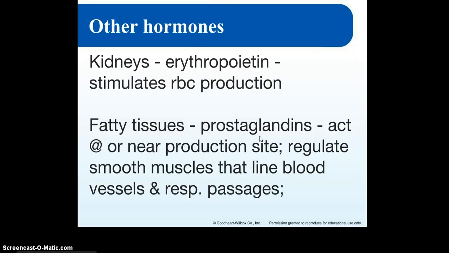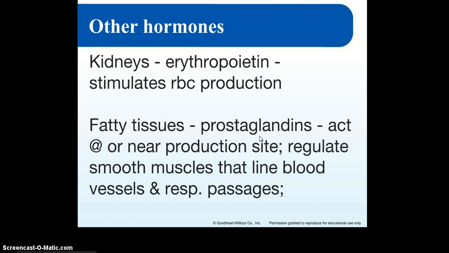Okay, other hormones. This goes on your notes page. Your kidneys, not a gland, but your kidneys produce erythropoietin, which stimulates red blood cell production. That's important. And your fatty tissues, or your adipose tissues, produce prostaglandins. And those do a bunch of different things. They're different kind of hormones because they don't travel through your system. They kind of act where they are.